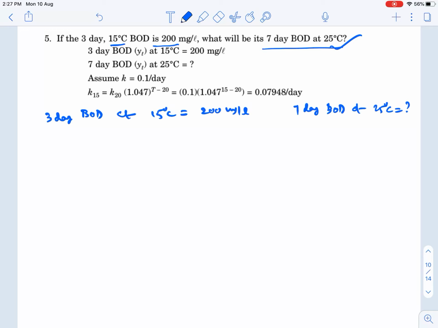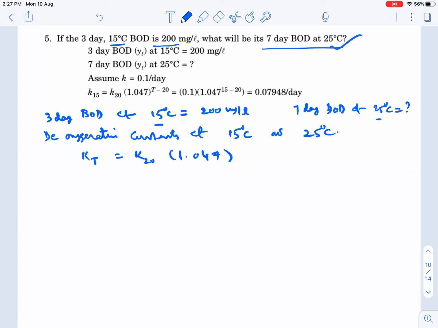So when you are having different temperatures, first step is you have to calculate the deoxygenation constants at 15 degrees centigrade and at 25 degrees centigrade. What is the formula for calculating the deoxygenation constant at any temperature T? Kt is equal to K20 into 1.047 whole to the power of T minus 20.